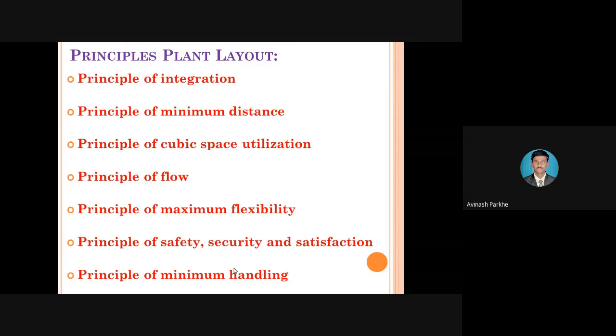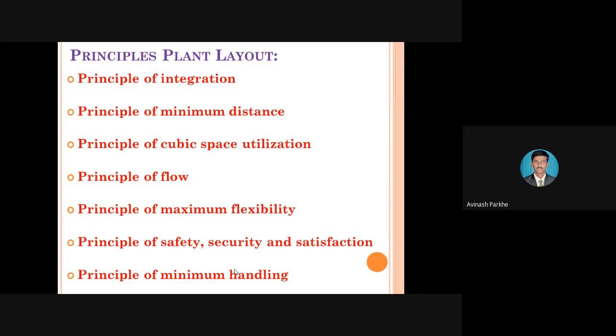So to avoid that situation, we have to implement principle number 6, the principle of safety, security, and satisfaction. Therefore, we have to provide all the safety devices and all the safety rules to the operators and to the machines also, through which operator or worker satisfaction should take place.